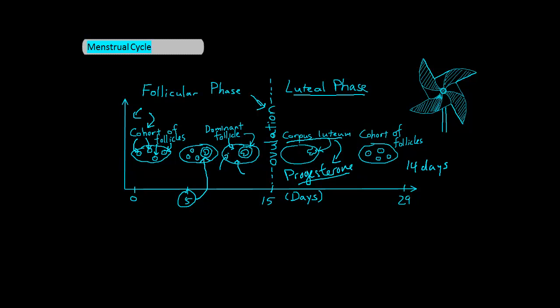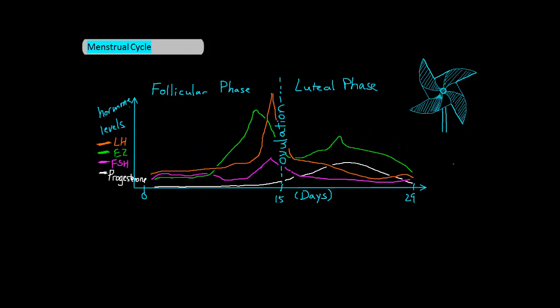Now let's talk about the hormones involved in these two phases. A normal ovulatory cycle is regulated by simple feedback mechanisms between sex steroids produced from the ovary and pituitary gonadotropin secretion, some of which is mediated through the hypothalamus. As estrogen levels nadir with the demise of the corpus luteum, the negative feedback relationship between estrogen and FSH comes into play.